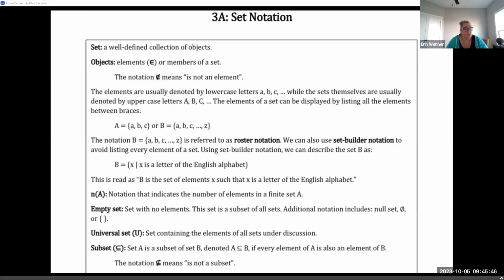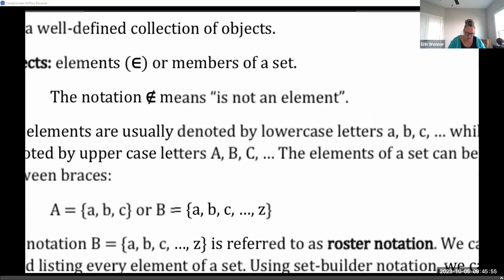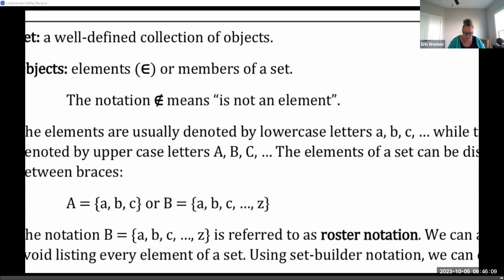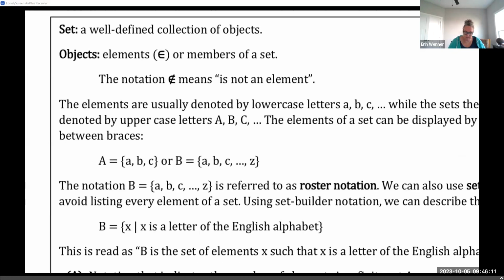These are also called objects. You'll notice we have this notation here, which kind of looks like an E, which helps me remember elements. But it's kind of like a C with a line through it. That is your symbol for element. So elements are objects or members of the set.